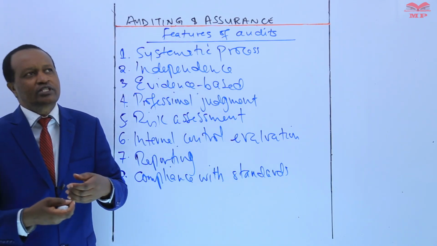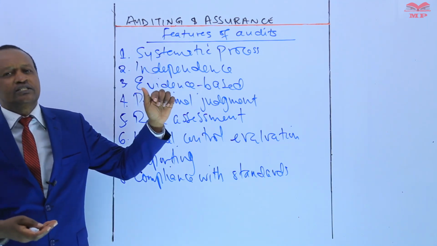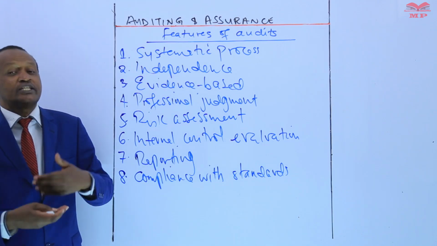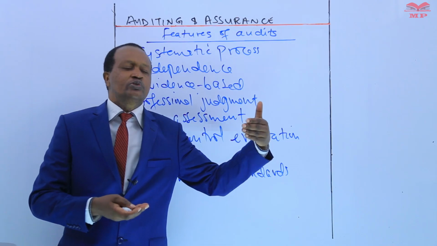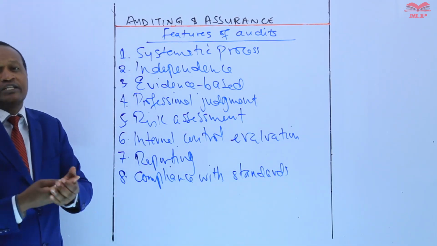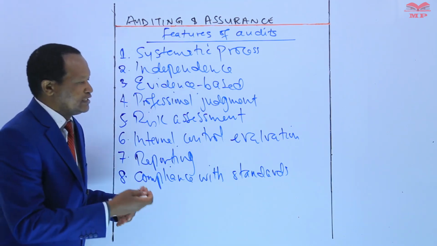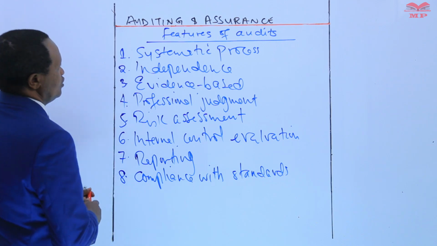While the primary objective of an audit is to provide assurance on the financial statements, auditors also aim to add value to the organization by identifying areas of improvement and providing recommendations for enhancing efficiency and effectiveness. So these are key features of audits.